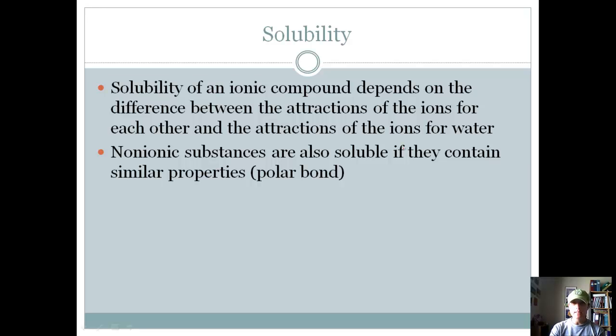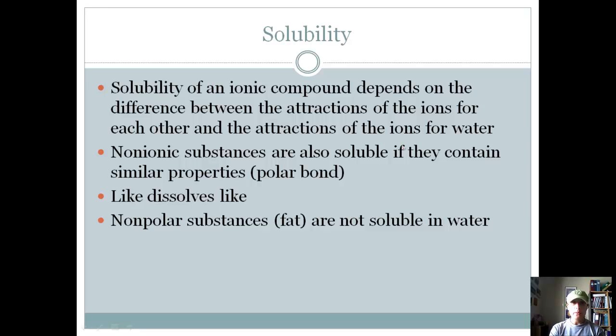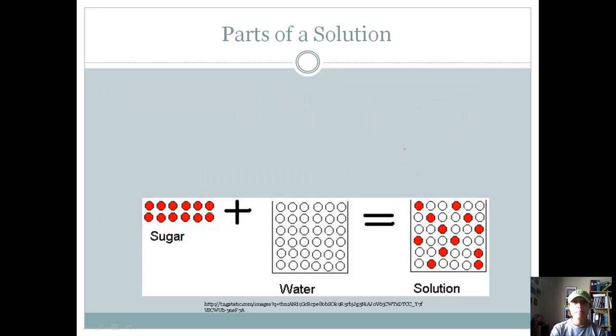So when we talk about like dissolves like, if something is polar, and water is polar, they'll dissolve in each other. Non-polar substances, so mainly fats, any type of fat, are not soluble in water because they're non-polar. Water is polar, so they don't mix. Okay, and remember, soluble means it's going to dissolve, not necessarily dissociate.